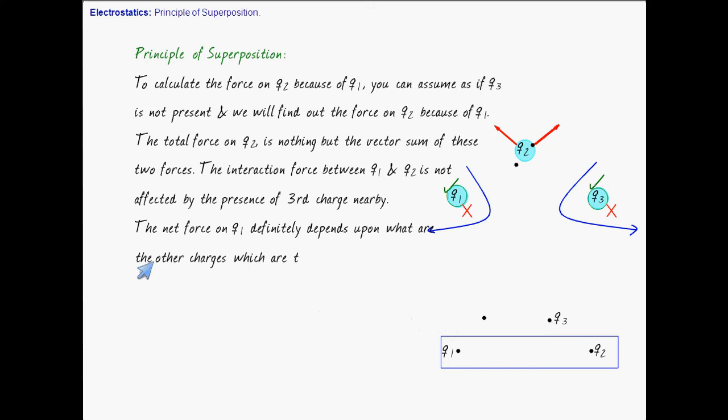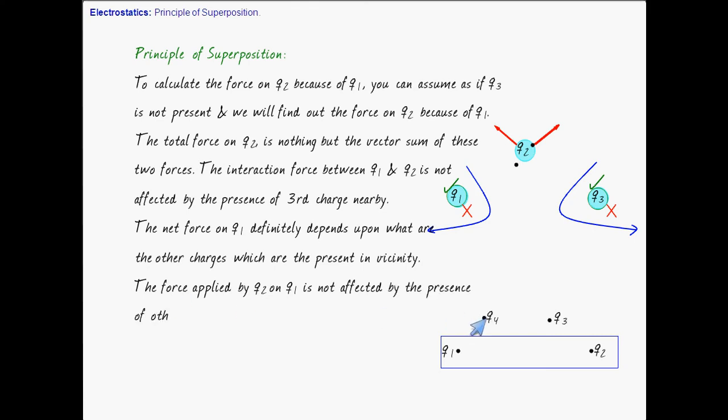Which essentially means, if I have been given a system of n charges, and these n charges need not be point charges, let us say I am interested in finding out the net force on Q1 due to all these charges put together.